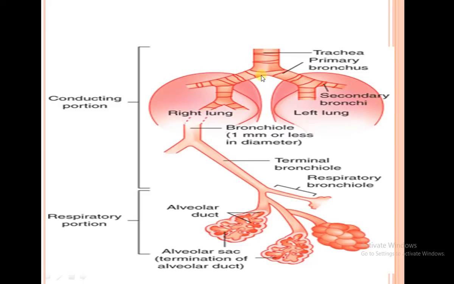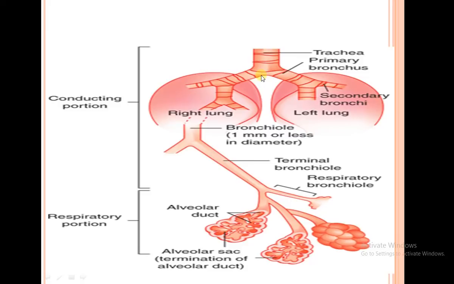The other thing that I told you is the presence of mucus and serous glands. Mucus and serous glands are present only till the stage of the bronchi.